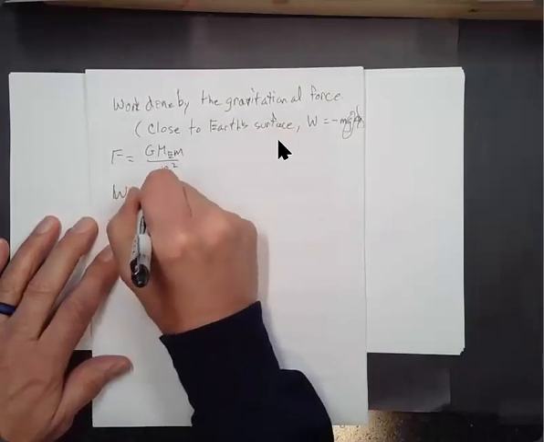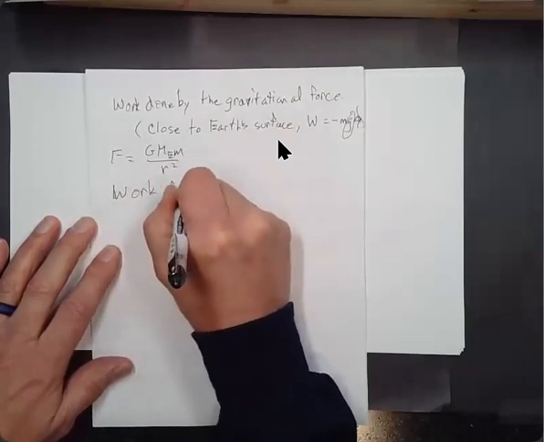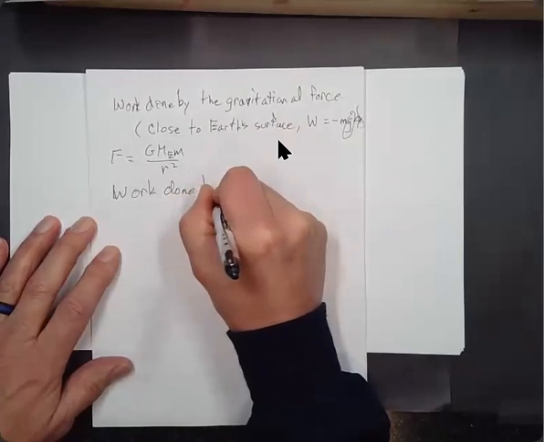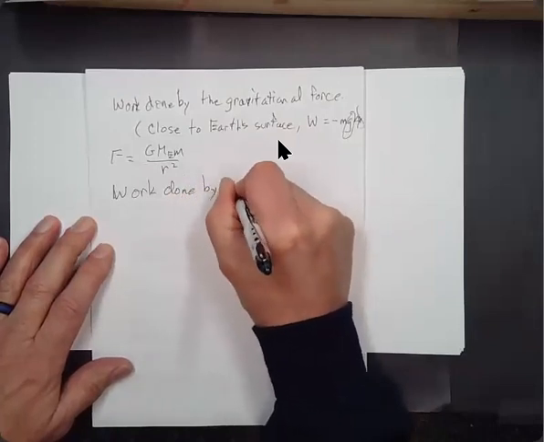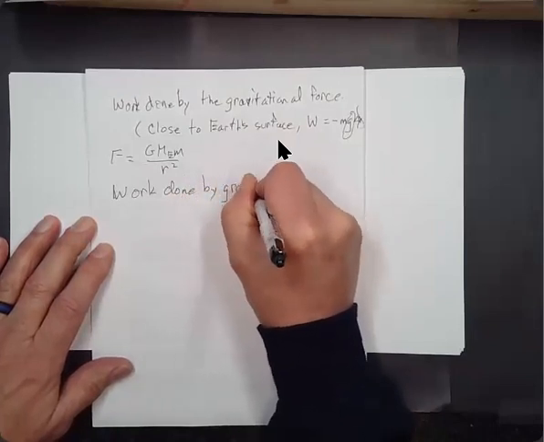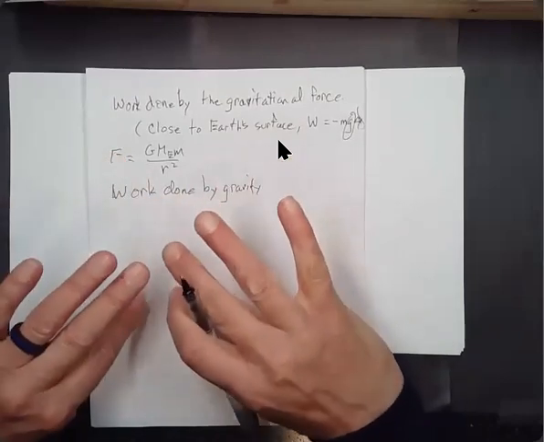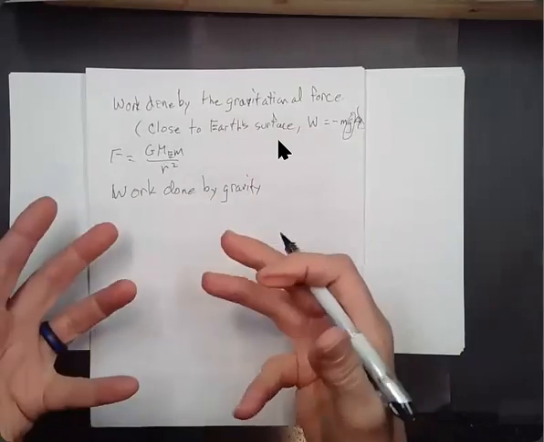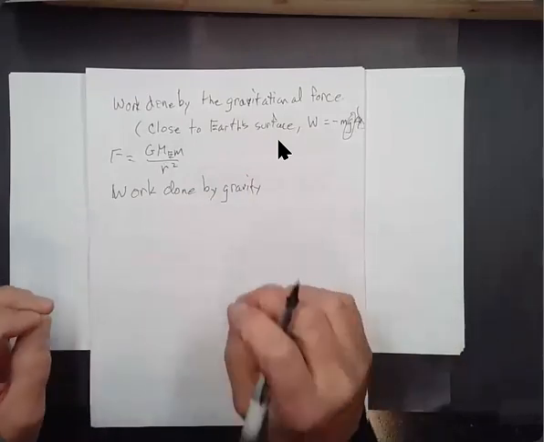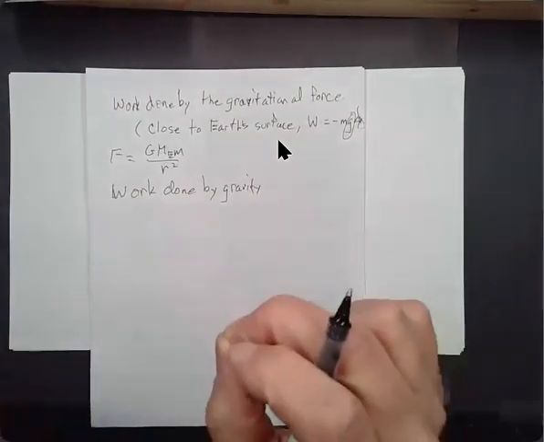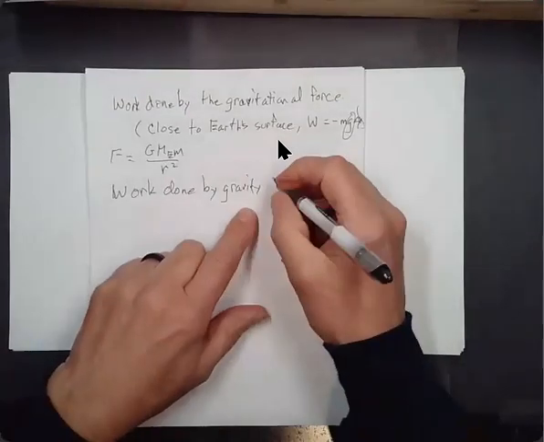And so we'll just think of this. Well, I'll write it out. Work done by gravity, and then we'll find out what that work is and flip it, change its sign to make the work we would have to do against gravity to lift that object up.